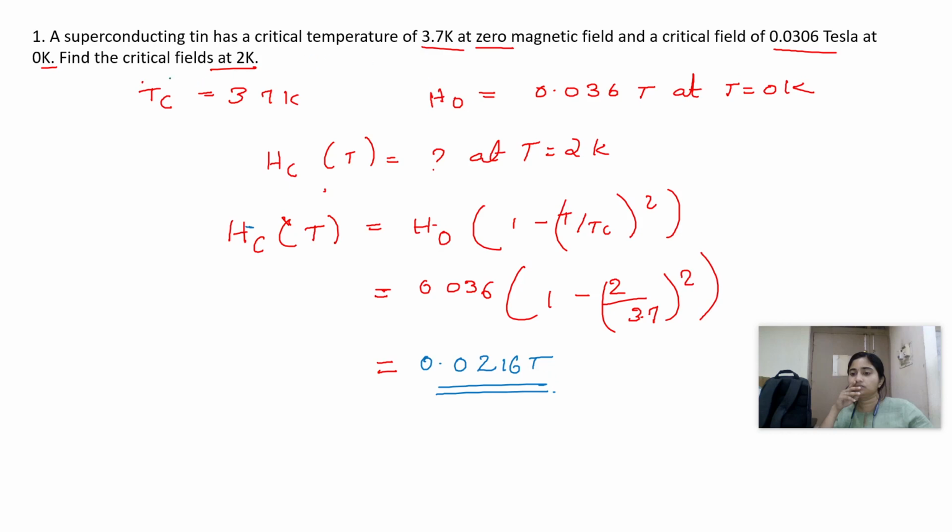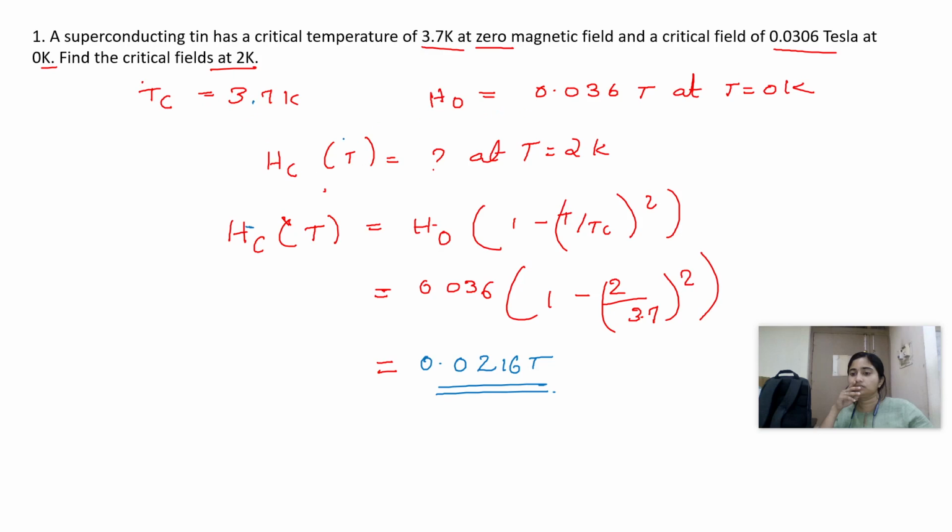I'll explain the question once again. A superconducting tin has a critical temperature of 3.7 Kelvin at zero magnetic field and a critical field of 0.0306 Tesla at 0 Kelvin. Find the critical field at 2 Kelvin. The given parameters are critical temperature 3.7 Kelvin and critical field 0.036 Tesla at T equal to 0 Kelvin.